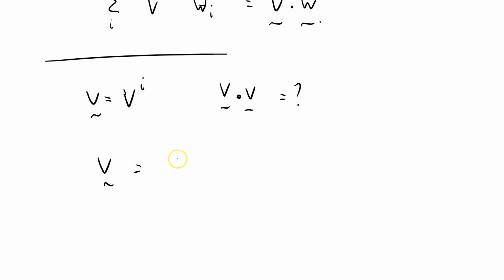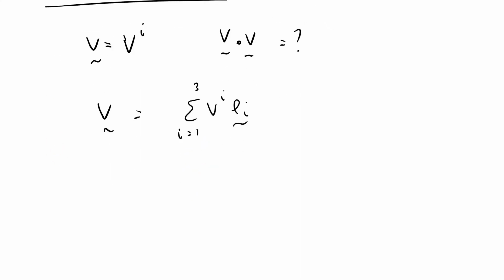That's vector v equals sigma v^i e_i, and I'm just going to take i equals 1 to 3, just a three-dimensional space, on the grounds that 2 is not enough and 4 is too many. We'll see later how I can generalize this to a four-dimensional Minkowski space, but for the moment we'll just stick to 3 dimensions. And I'm going to ask what v dot v is in component notation. Well, it's v^i e_i.